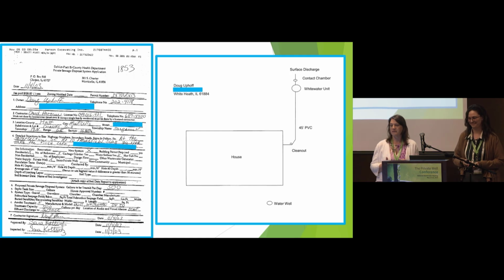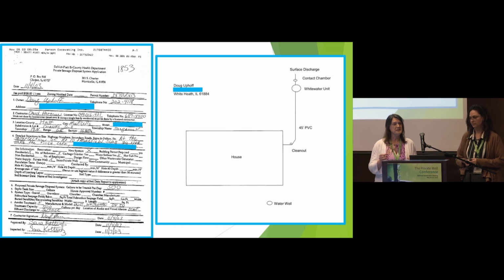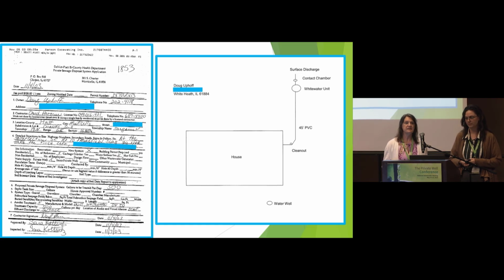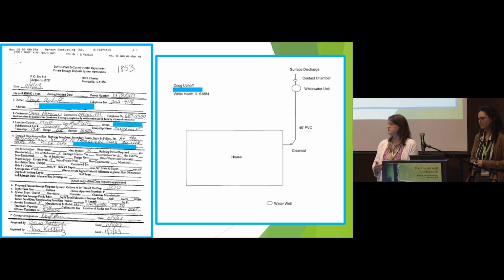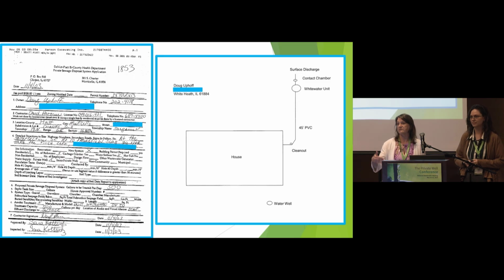And in Illinois, our permits are pretty extensive, so I get a lot of information off of this one document from the health department. And then in this particular instance, they also included a drawing. So while it's missing some of the measurements I would like to normally see, it is clear, and when we went out to the site, it was easy to find the system and know where everything was located.